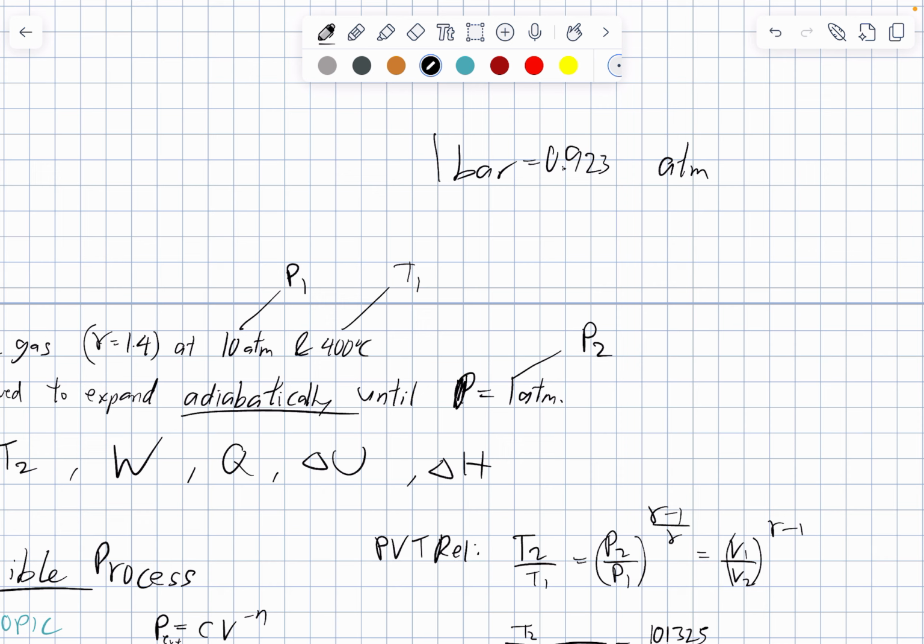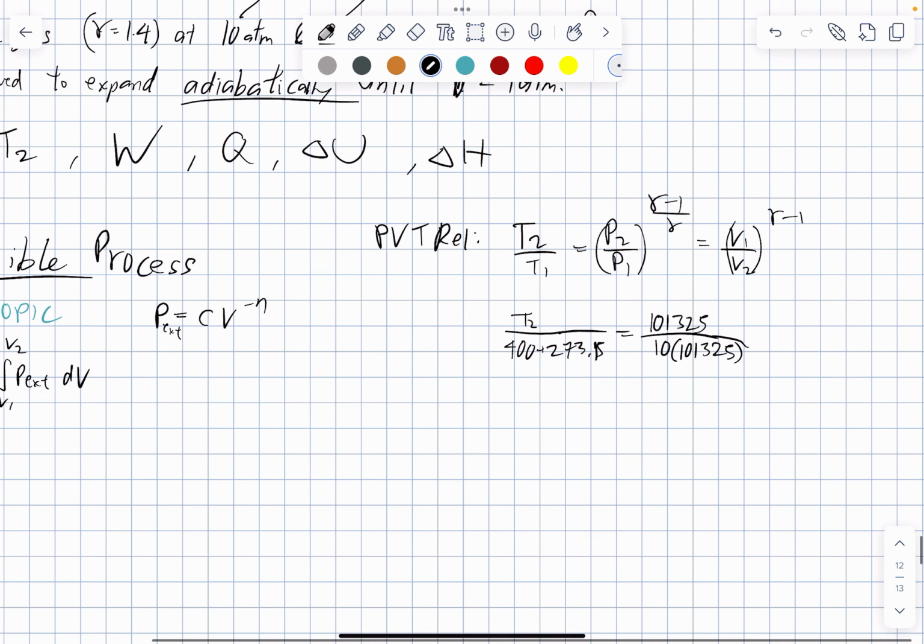That's the best that I can do. 1 atmosphere though is equal to 1.01325 bar, I think. 986,923. Okay, I'm cooked. Anyways, going back.